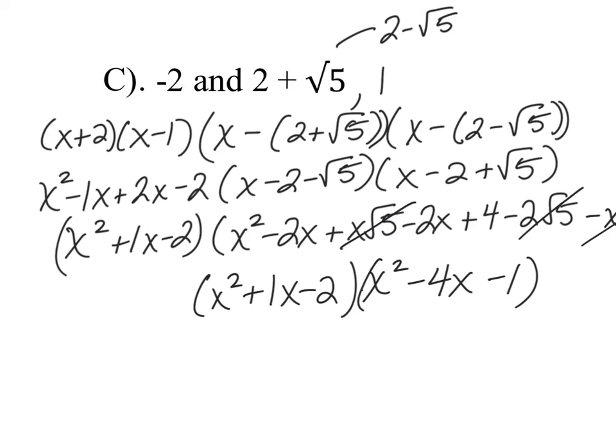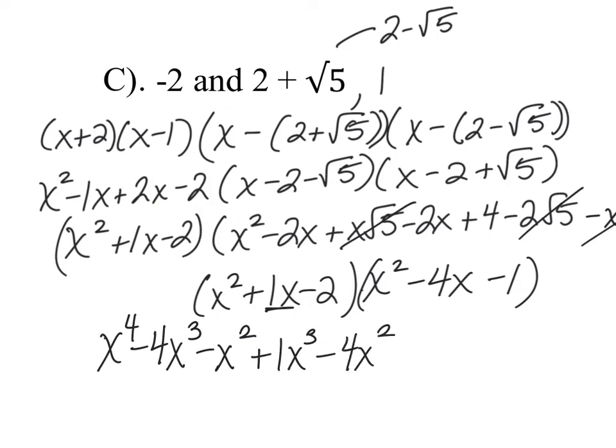So x to the 4th minus 4x cubed minus x squared. Then distribute the 1x through, so plus 1x cubed minus 4x squared minus 1x minus 2x squared plus 8x, and then plus 2.